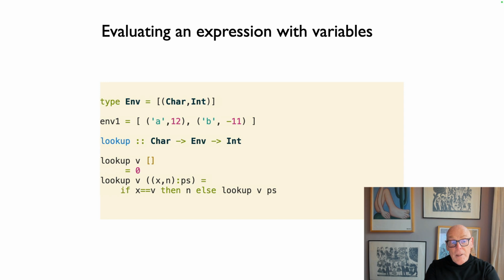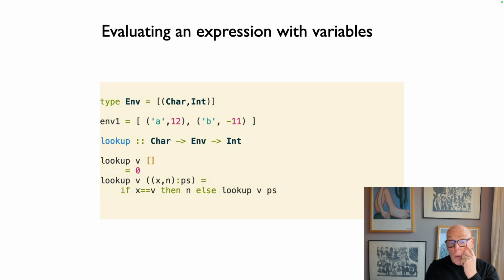And here's an example. env1, character A is paired with 12 and B is paired with minus 11. So you can see that as saying in this environment, A has the value 12 and B has the value minus 11. And then we can look up the value of a character in that environment and get an integer.